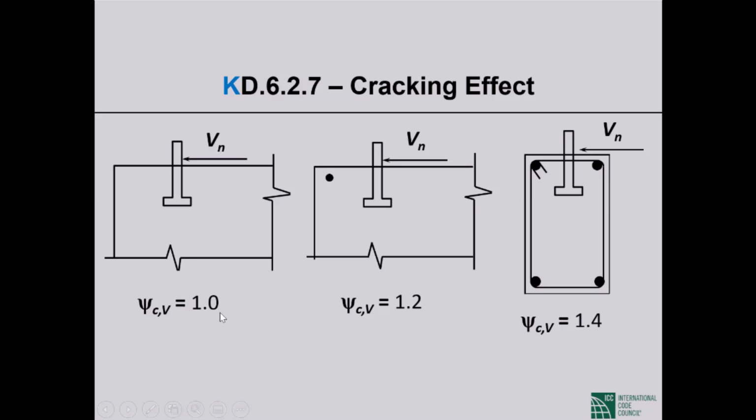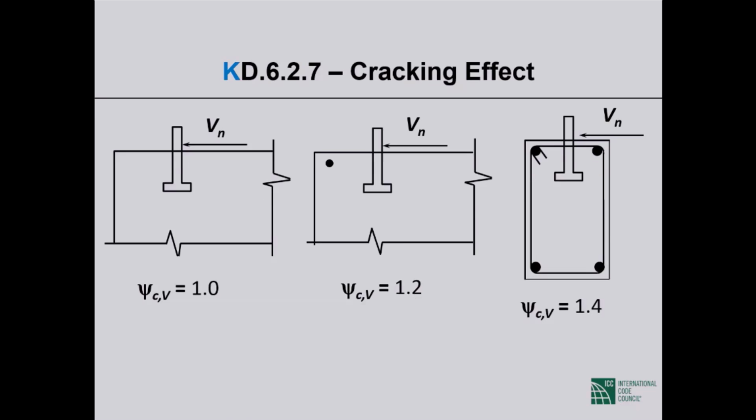Second picture, we have supplementary reinforcement consisting of bars larger than number 13 in size. Correction factor is 1.2. Third picture, we have supplementary reinforcement consisting of bars larger than number 13 in size, enclosed within stirrups. So we have a correction factor of 1.4, making this case as good as uncracked concrete.